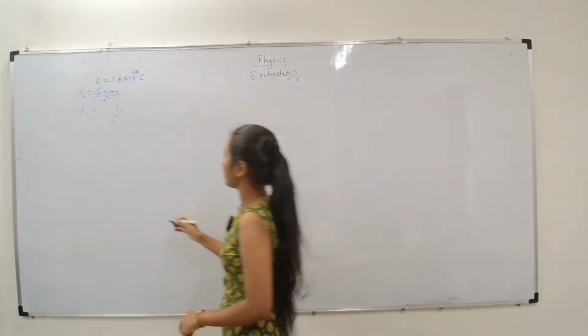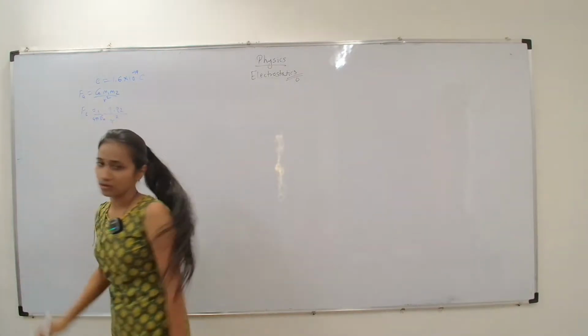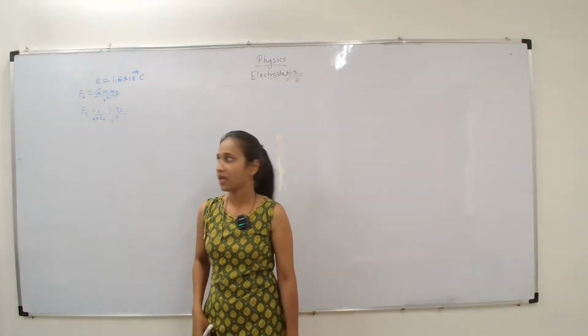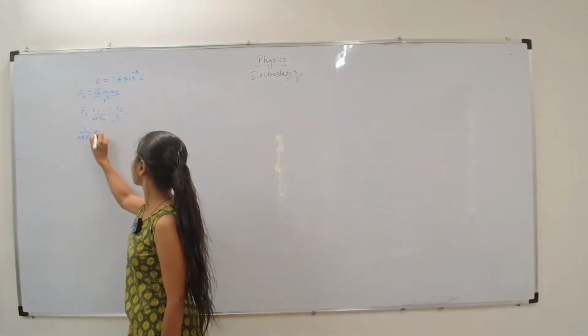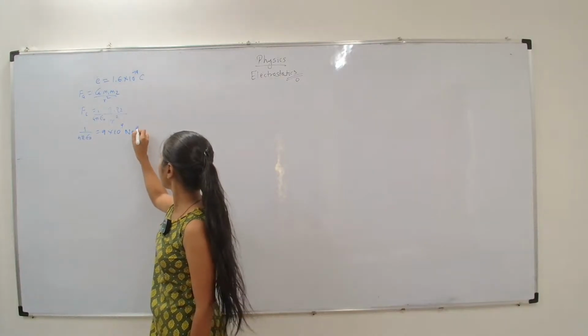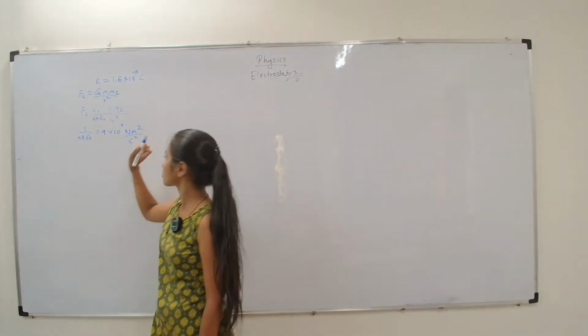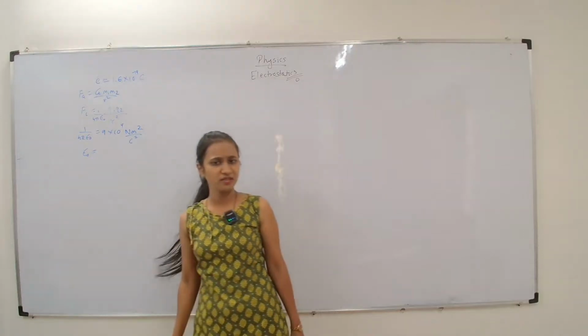Here the proportionality constant is 1 upon 4 pi epsilon naught. Okay? And the value of this 1 upon 4 pi epsilon naught is 9 into 10 raised to 9 Newton meter square per coulomb square. And the value of this epsilon naught क्या है रे?